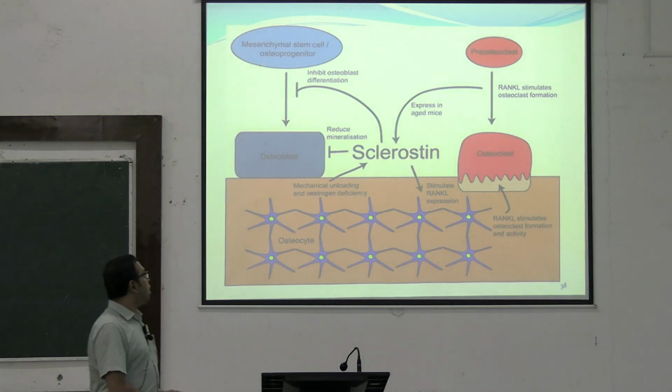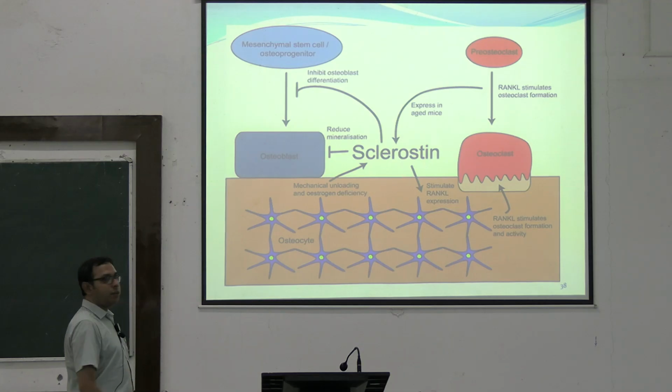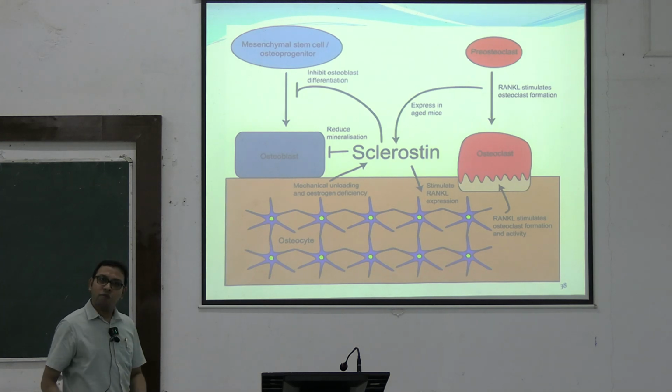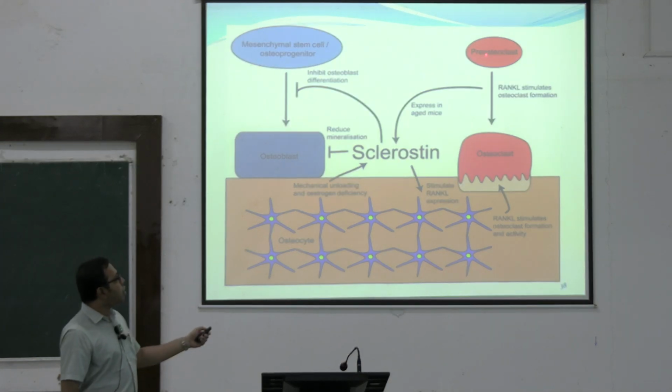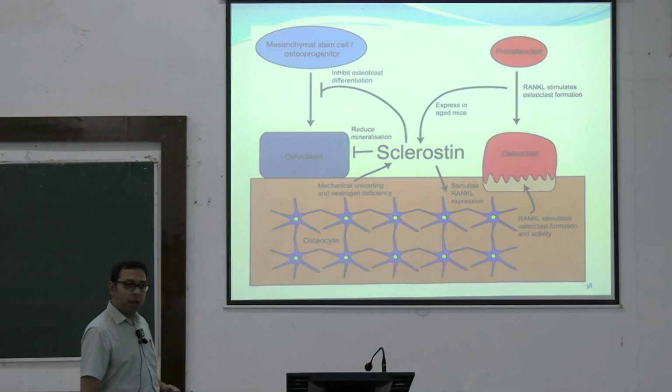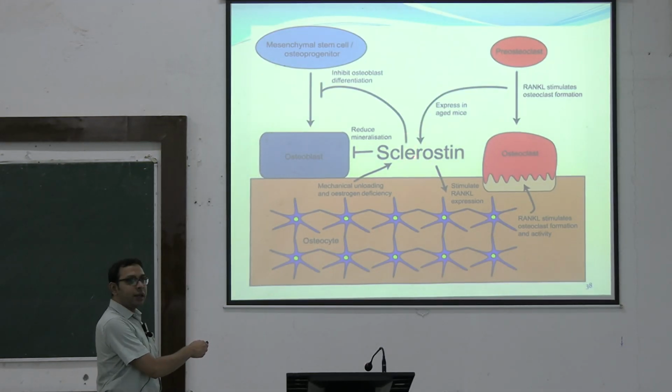Okay, so you can see this is the sclerostin. You can see mesenchymal stem cells or osteoprogenitor cells, from which osteoblast cells are formed. And again some pro-osteoclast cells are formed. So it is clear. Now sclerostin can block these osteoblast cells, so they cause reduced mineralization. They also inhibit the osteoblast differentiation.